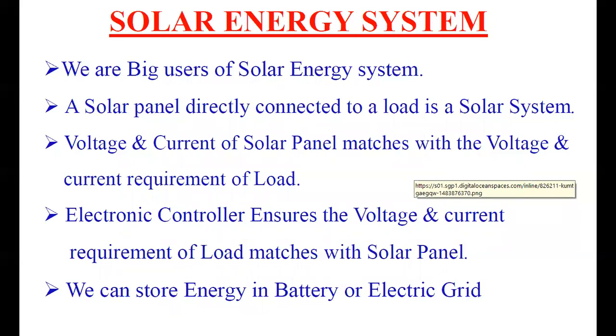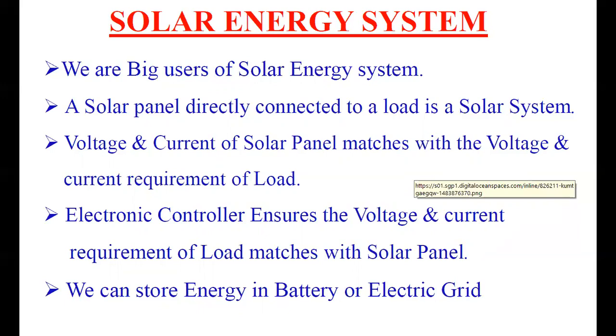What is a solar energy system? Simply, a solar panel directly connected to a load is a solar system. A solar panel converts the light energy into electrical energy, and it will be connected to a load that is simply working as a solar system. In this condition, it will only consist of the solar panel and load.